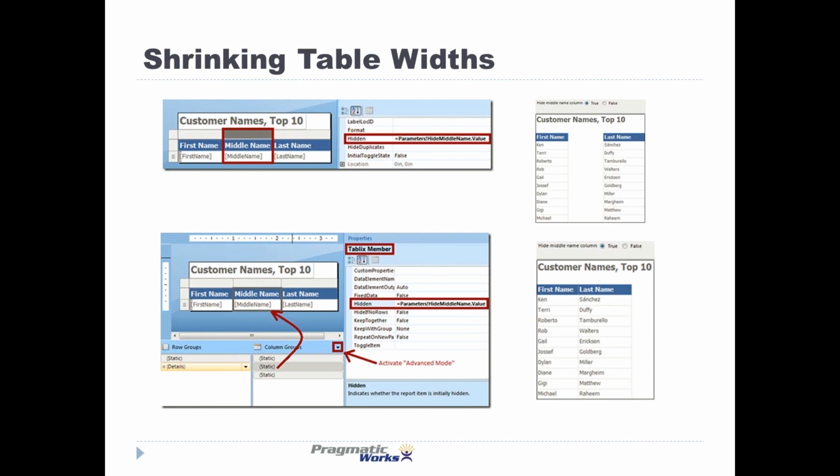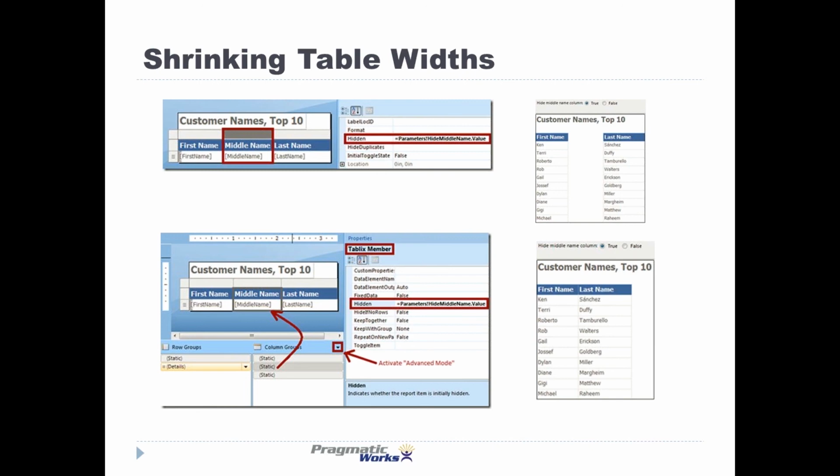What they've chosen to do is create a parameter on their report. And so what is selected there at the bottom is the static column group that corresponds to middle name. In the report sample here, we don't have official subtotal groups by anything, so all we're dealing with are details.